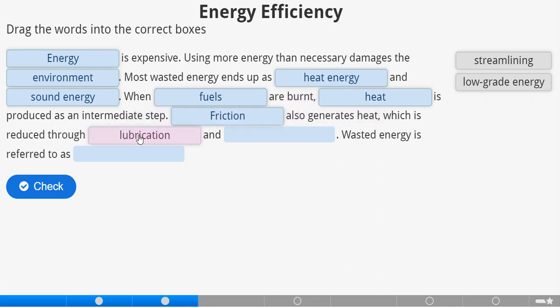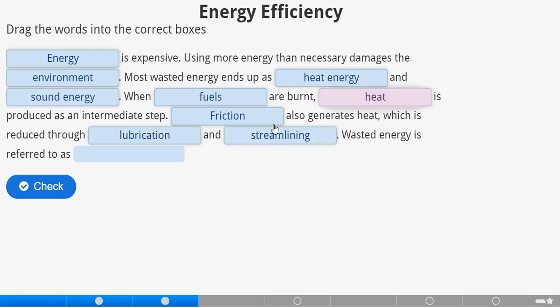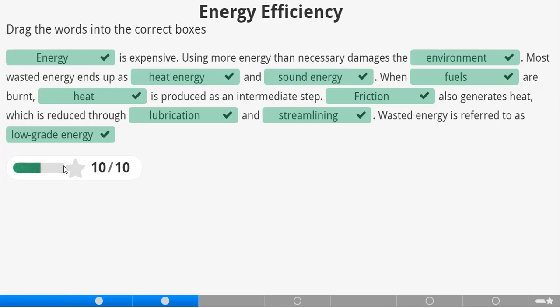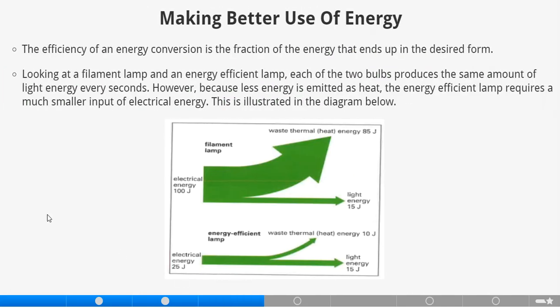Lubrication and streamlining. Wasted energy is referred to as what? Low grade energy. So let's check. That is all correct. Fantastic. So we move on.